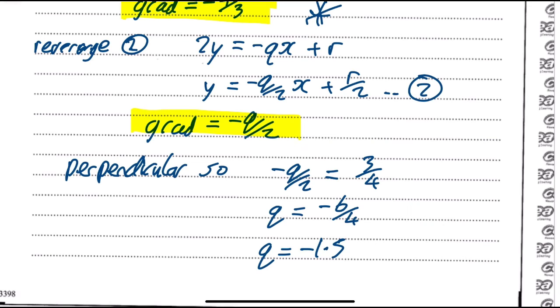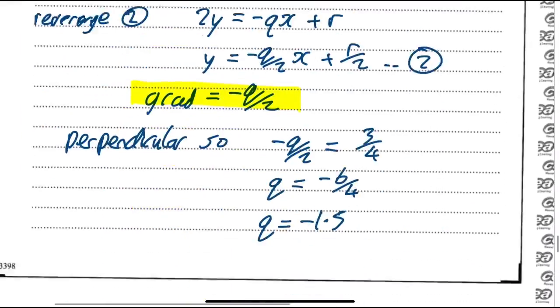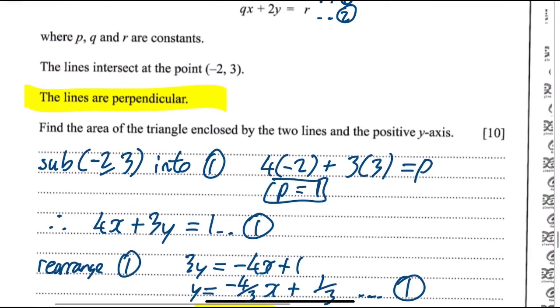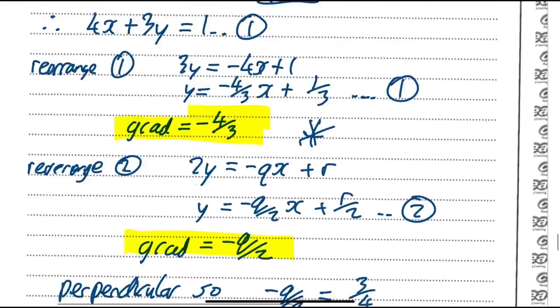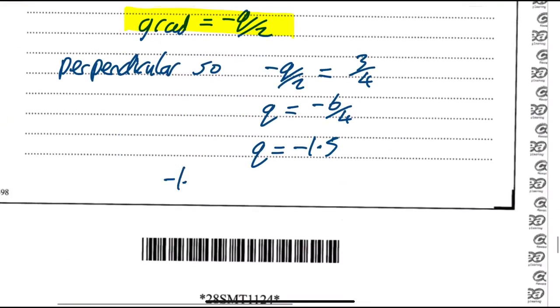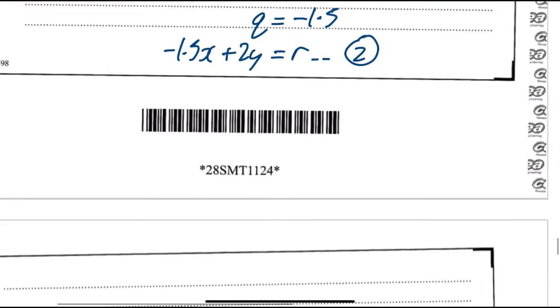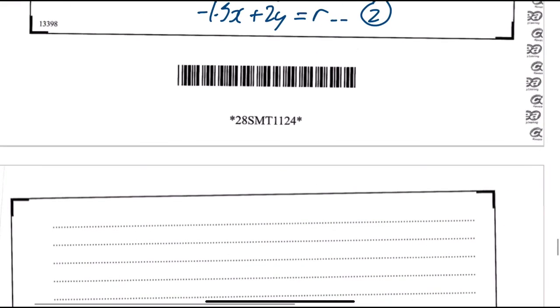Okay, so what have I got now? I could rewrite my equation 2 as minus 1.5x plus 2y equals r. That's my new improved equation 2. What else do we know?